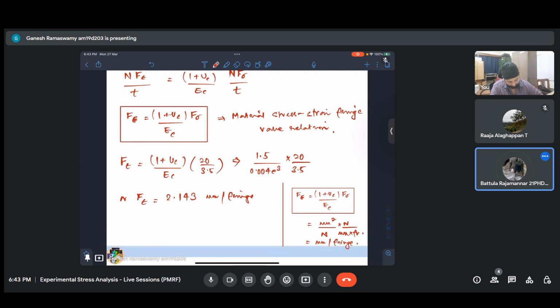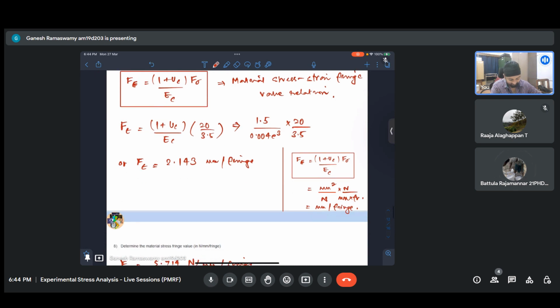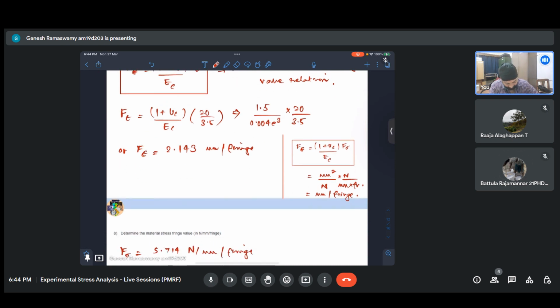No, no, this is not n. I wrote or. I'm sorry, I should have written it properly. I hope that is clear. So F epsilon is nothing but 2.143 mm per fringe. This is the unit. Mm per fringe.